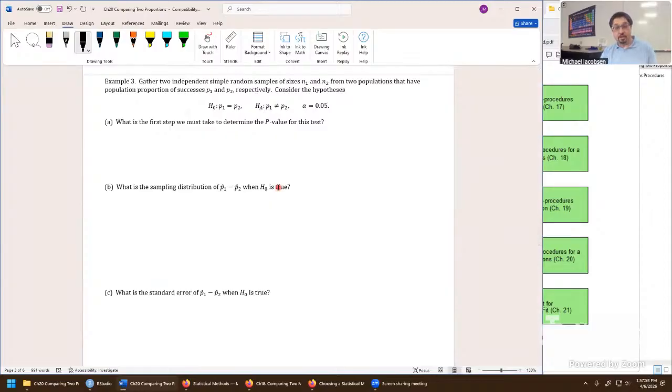Suppose we are doing not just a confidence interval, but a test of hypotheses at the same time. That means if we're in chapter 20 doing all this, we have two independent simple random samples from two populations which have these unknown population proportions of successes, parameters P1 and P2. So there are the parameters in the problem.